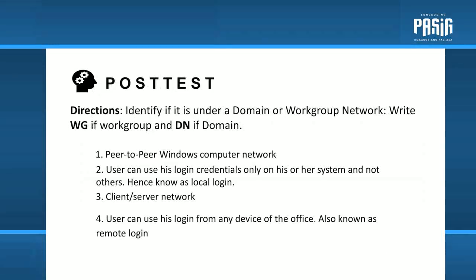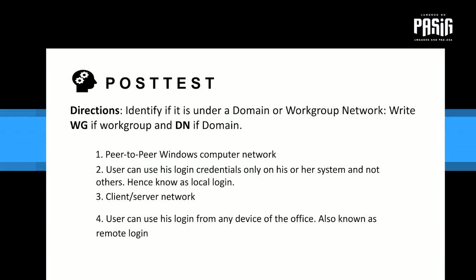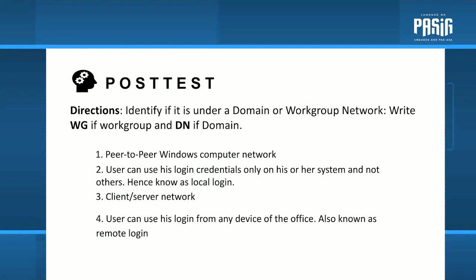Then let's proceed to the post-test. Directions: Identify if it is under a domain or workgroup network. Write WG if workgroup and DN if domain. Question number 1. Peer-to-peer Windows computer network.